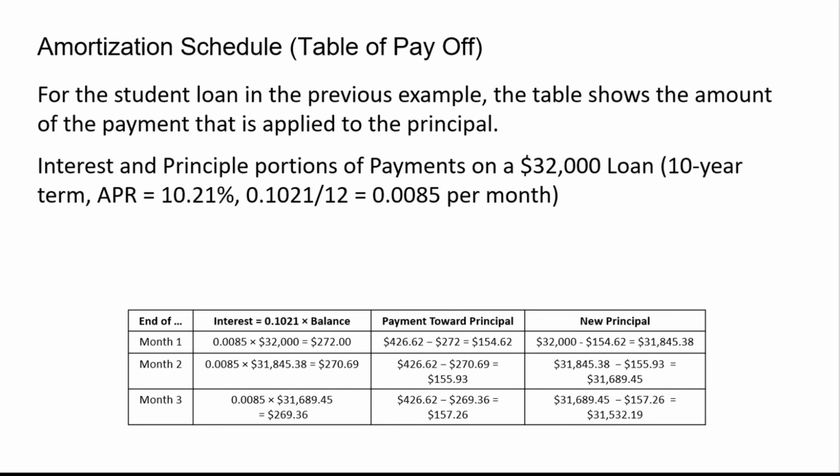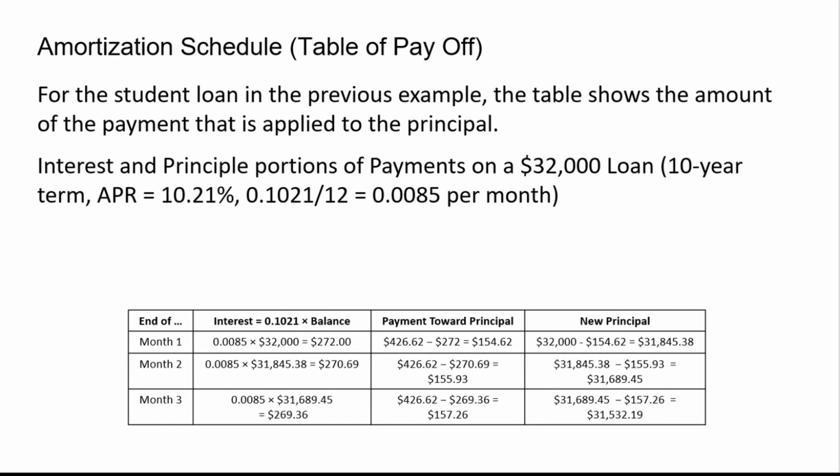The interest charge for the first month of your loan is the principal of $32,000 times 0.0085, which is $272.